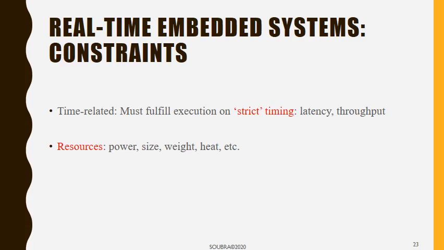You don't have a lot of space to put your computers and the wiring, etc. Plus, each and every time you add components and you make the bigger system heavier, hence it will consume more energy. So there are a lot of trade-offs and a lot of constraints that need to be taken into consideration. And then there's of course the power dissipation, the heat dissipation, etc.